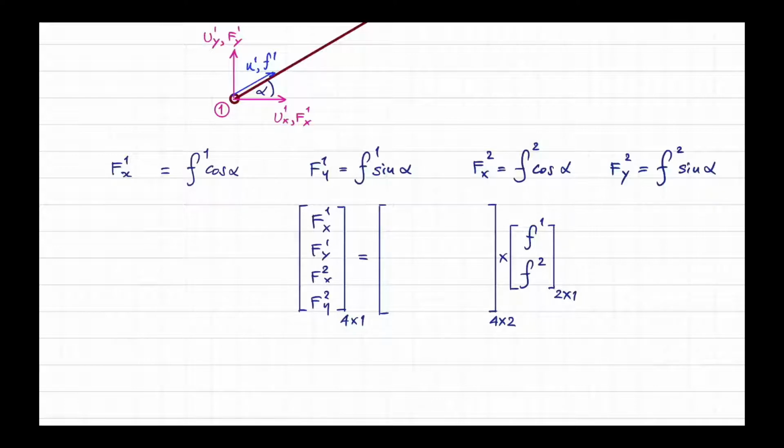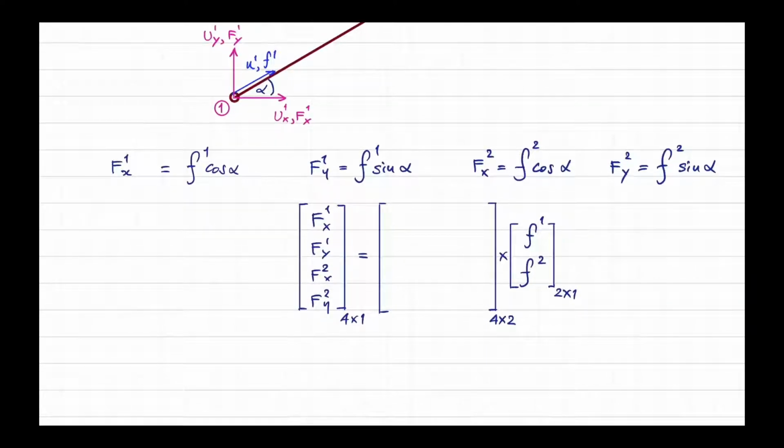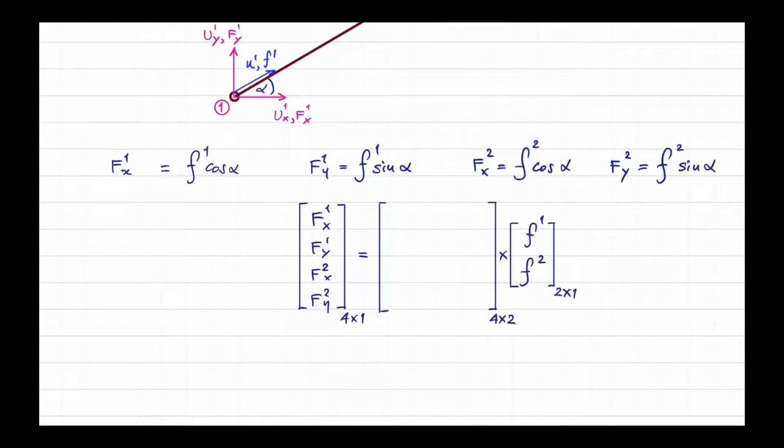Okay. Now we put equation by equation into here. So start with the F1x. It is equal to f1 lowercase times cosine. It has nothing to do with f2. As it has nothing to do with f2, then there you go, we have 0 there, and we have the cosine alpha here.